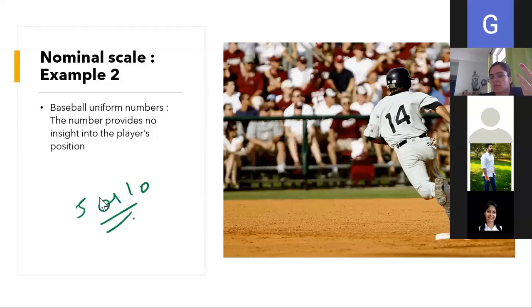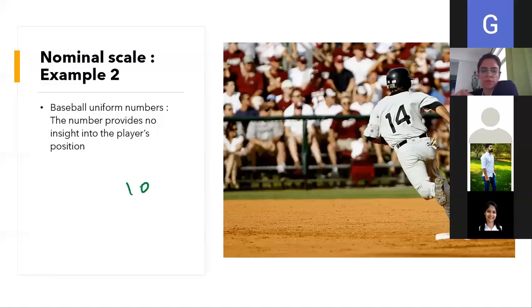Yes, it's 10. So that number 10 is Messi, but it's not telling about the position or anything. It has no other meaning. It's just for identification. So that is called nominal scale.